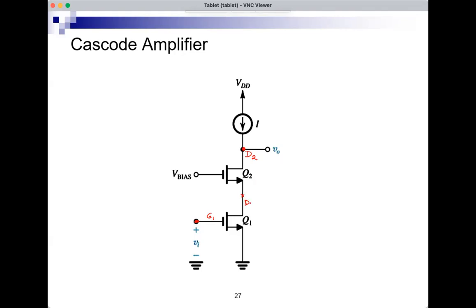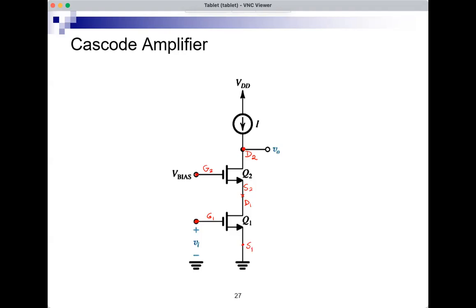The drain of 1 is connected to the source of 2. And this is the gate of 2. The gate of 2 is connected to some DC bias, V bias. And of course, the source of 1 is grounded here.